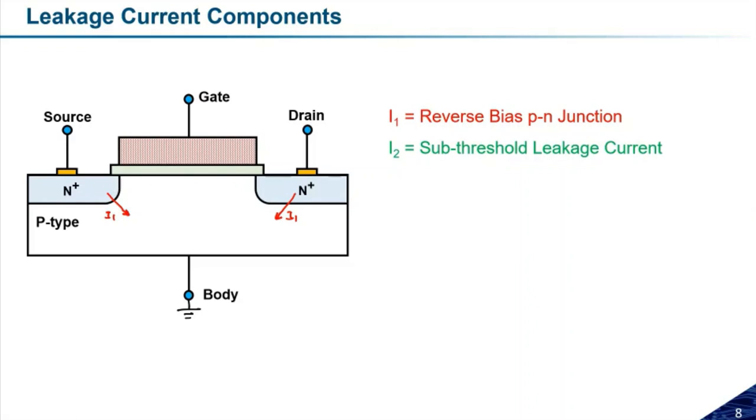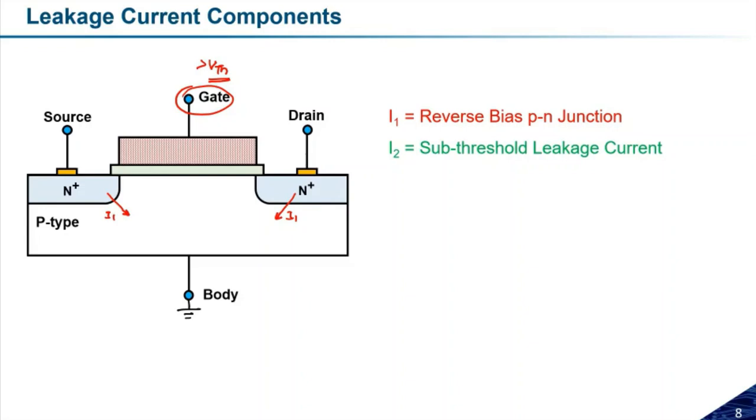But we know that the device is turned on if the VGS is greater than the VTH. But suppose I have applied some potential at the gate side which is less than VTH, so ideally the device should be in the off state.